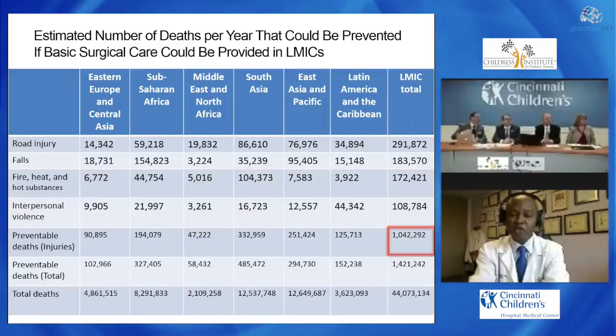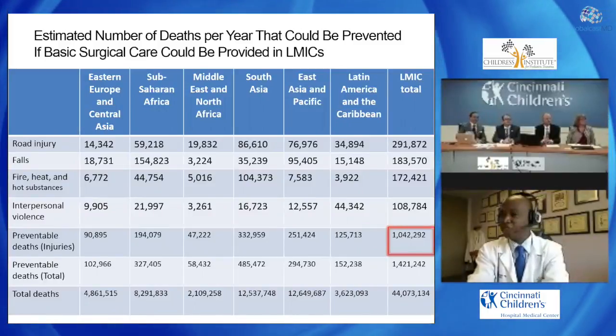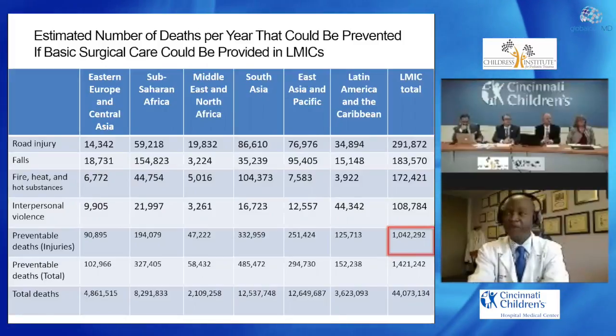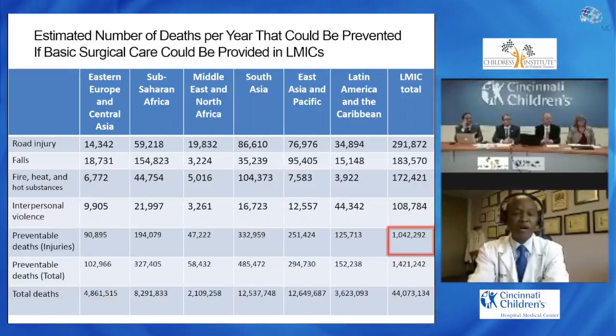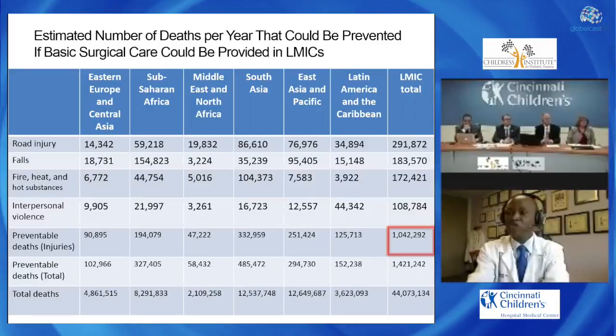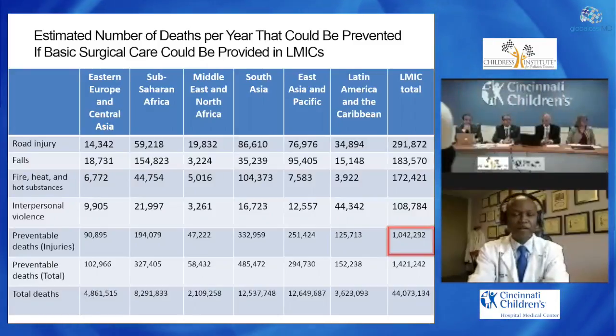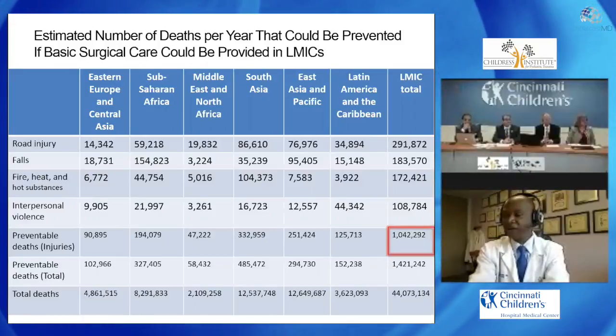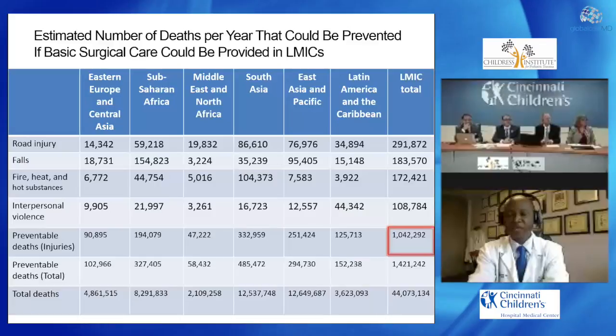Now, road injury, that's 290,000 deaths per year, and falls, 184,000 deaths per year, were the 2 most common causes of preventable death. Also, note that South Asia and Sub-Saharan Africa have the largest number of preventable deaths per year at 485,000 and 327,000.